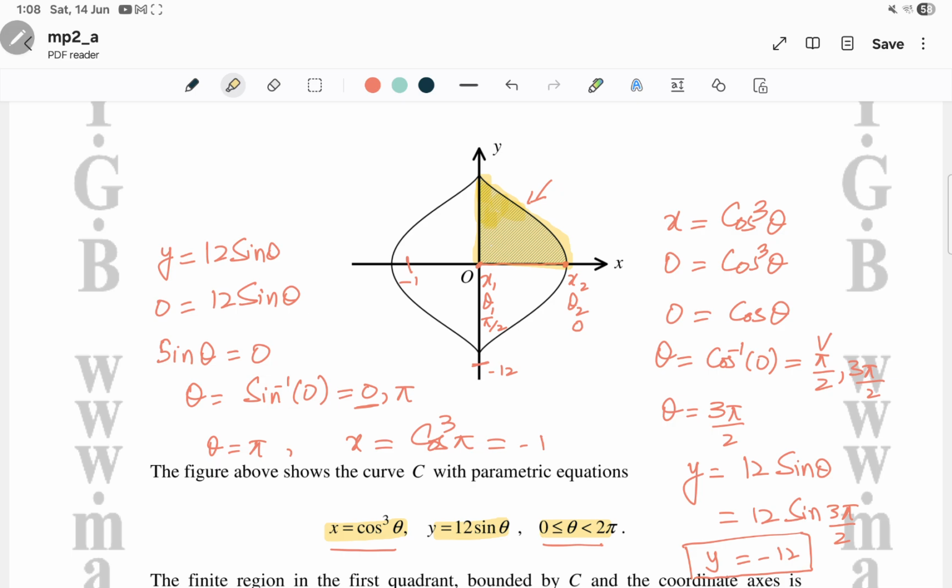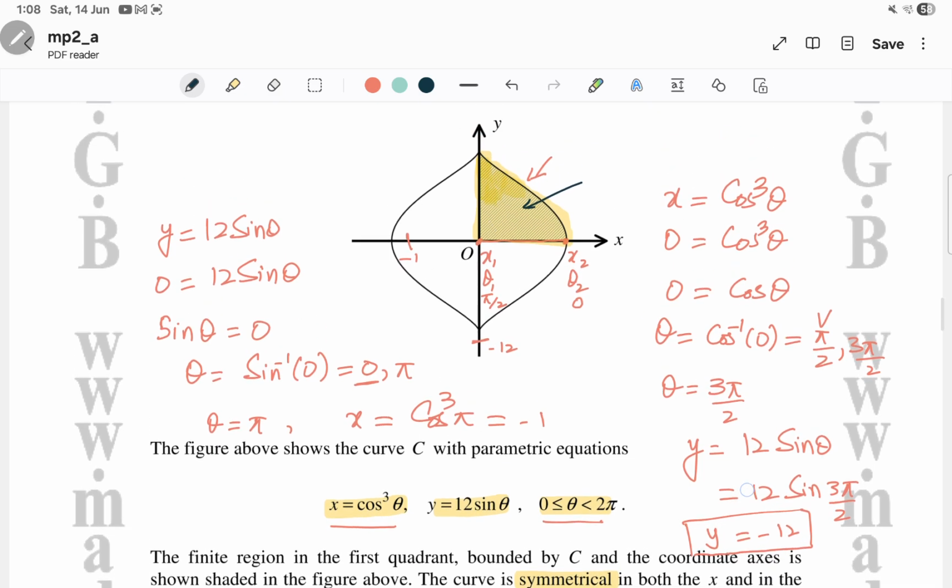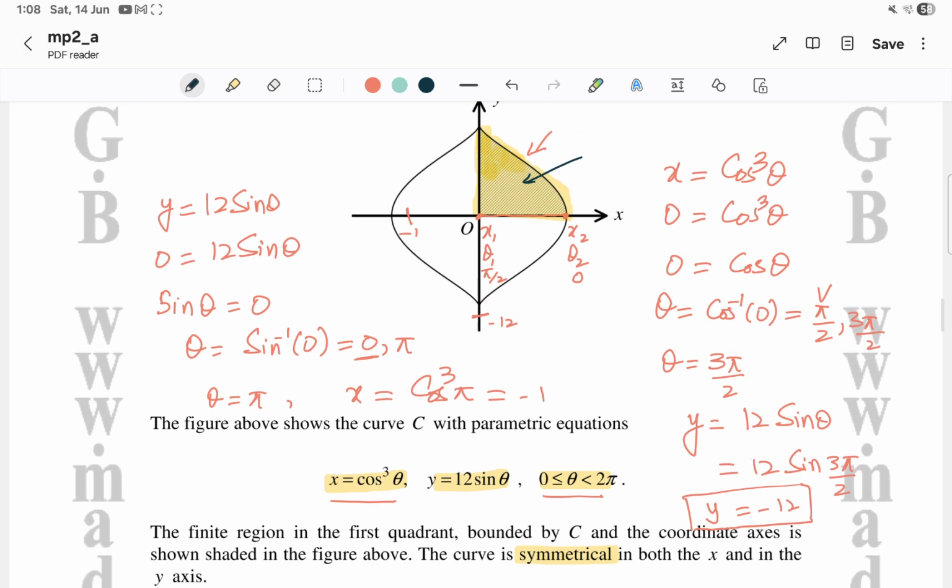So we just need to times that integral by 4 to get the total area, because this shaded part is the same as the other parts, and the total parts are 4. So that integral equation we should times by 4 to get the total area enclosed by the curve.